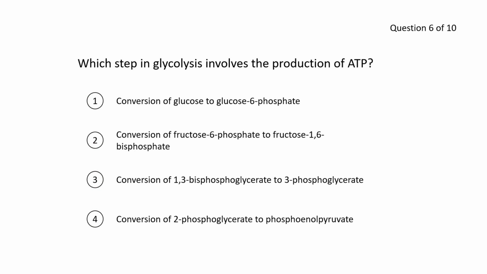However, conversion of 1,3-bisphosphoglycerate to 3-phosphoglycerate does produce an ATP, because remember, 1,3-bisphosphoglycerate has a higher phosphoryl transfer potential, so it can actually transfer its phosphate to an ADP, and you get ATP. Therefore, the answer is 3.